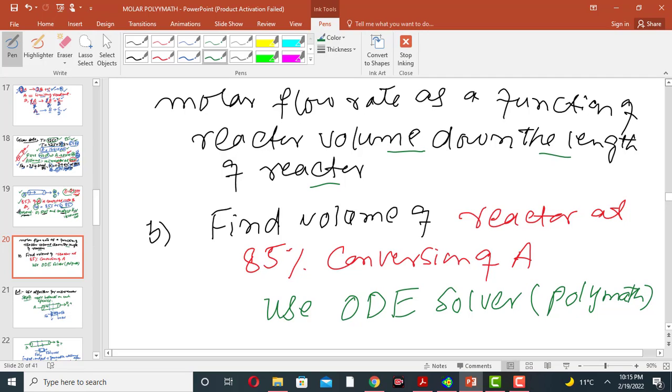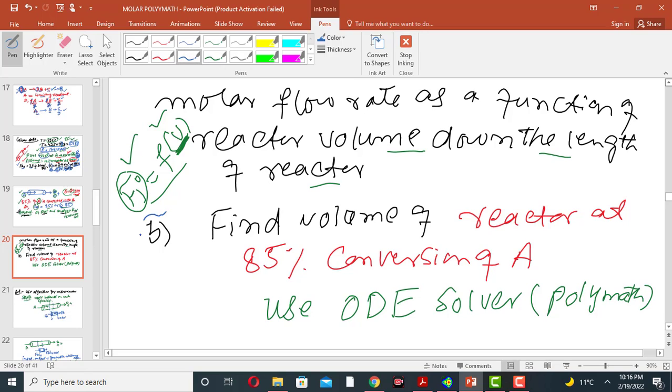So the first thing is you should determine the molar flow rate, which is Fj, as a function of reactor volume. They say to find the relationship between molar flow rate and the reactor volume, which is our plug flow reactor.